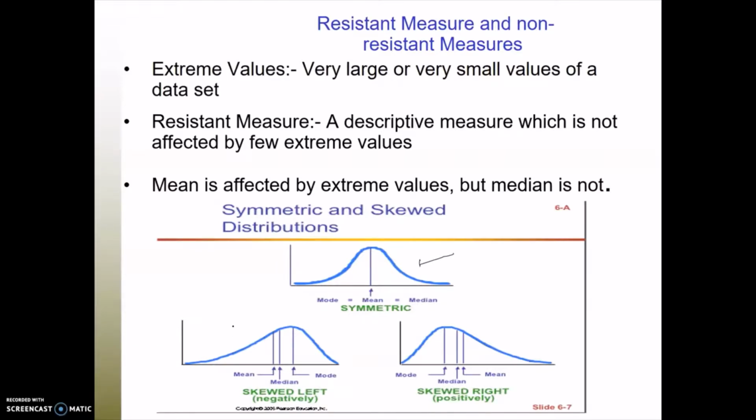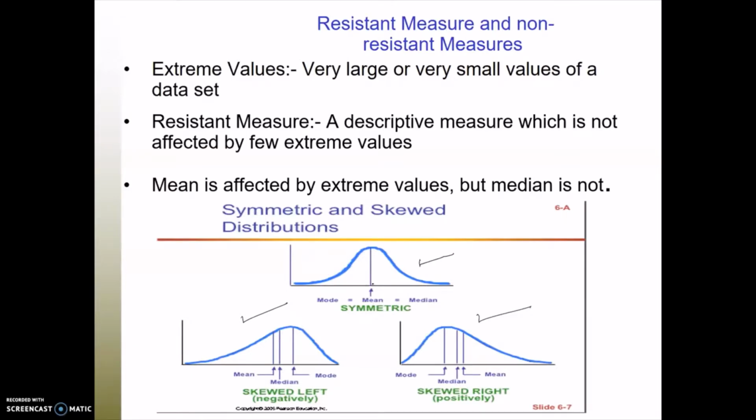Look at this one. This has a tail to the left side. This is called the left skewed distribution. And this is the right skewed distribution. Now, what is the purpose? I want to show you what happens to the mean, median, and mode in the case of these three distributions.